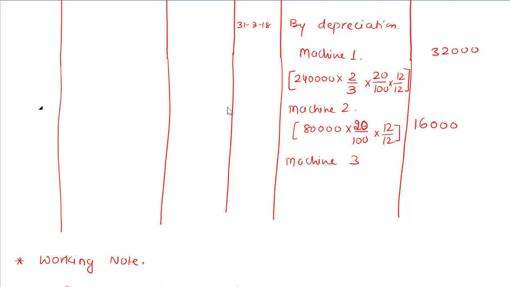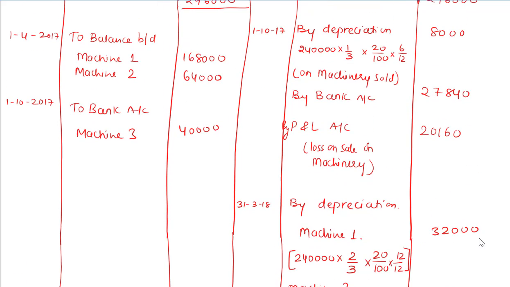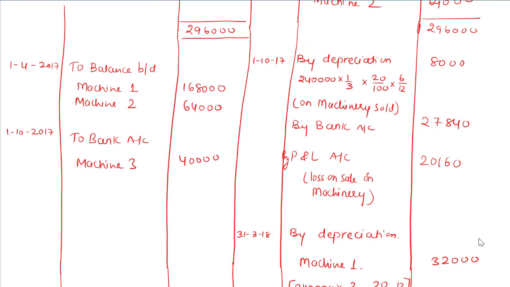We also need to calculate depreciation for machine 3. We purchased machine 3 in the year 2017 for 40,000, on 1st October 2017.